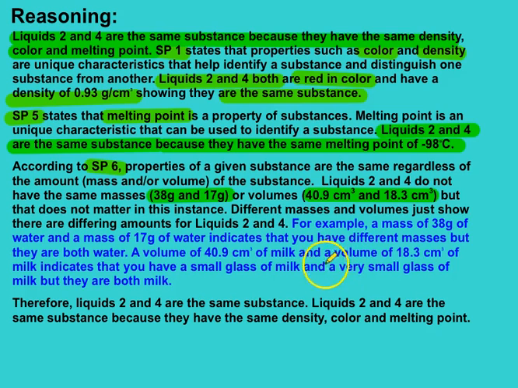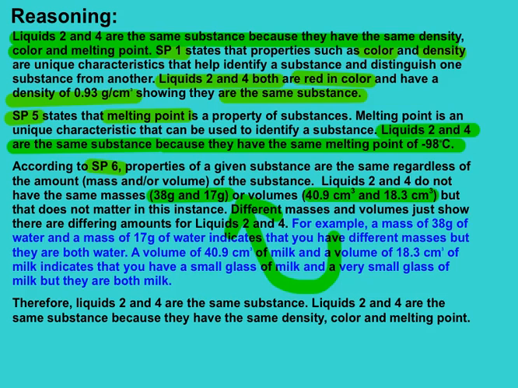And here it says, for example, a mass of 38 grams of water and a mass of 17 grams of water indicate that you have different masses, but they're both water. Or a volume of 40.9 cubic centimeters of milk and a volume of 18.3 cubic centimeters of milk indicate that you have a small glass of milk and a very small glass of milk. But they're still both milk. So again, this helps justify and link this together and helps explain it.